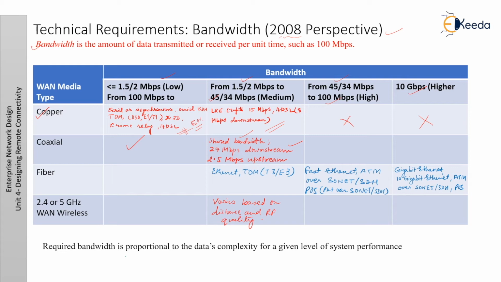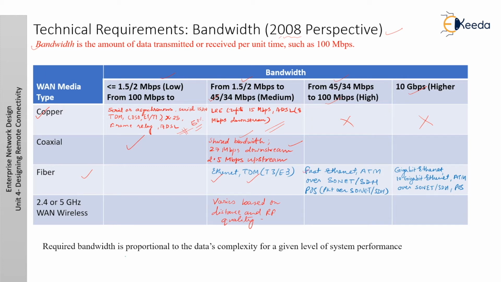Now come to fiber channel. It is available with 45, 34 and 100 Mbps and 10 Gbps. Reliance Jio is the common example for this. Ethernet TDM, time division multiplexing: when we use this technology, it will give us 45, 34 Mbps medium speed.